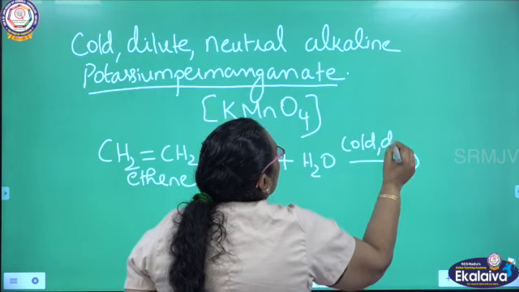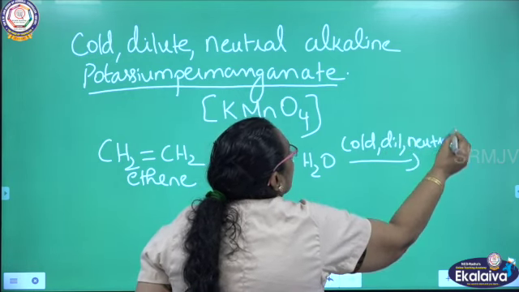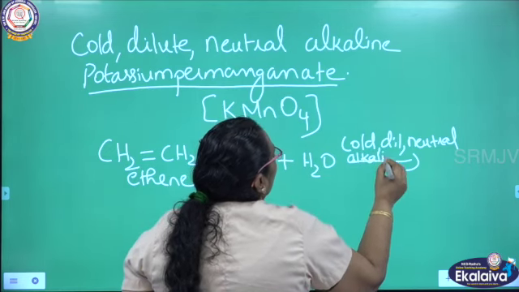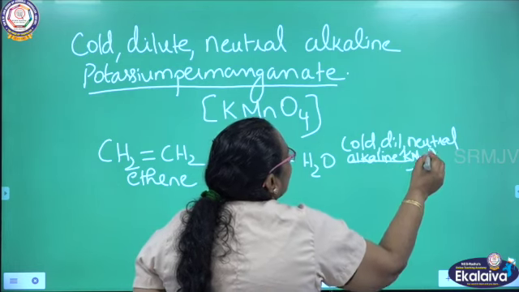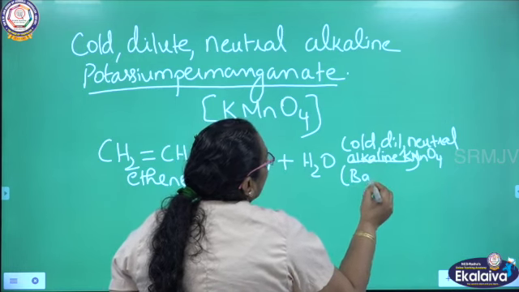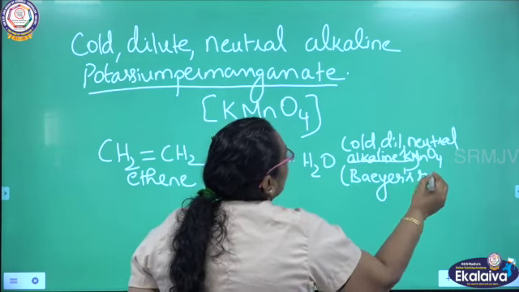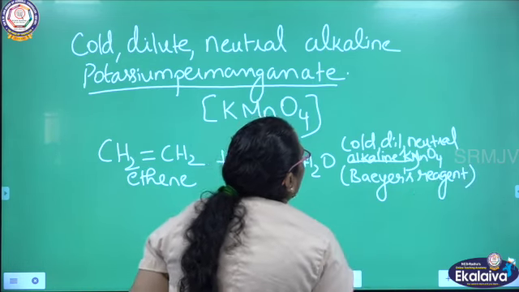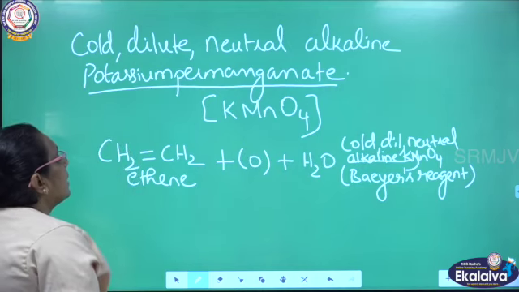Cold, dilute, neutral, alkaline KMnO4. In short, I can call this reagent Bayer's reagent. What is the name of this reagent? Bayer's reagent. Cold, dilute, neutral, alkaline potassium permanganate. In short, I can call it Bayer's reagent.